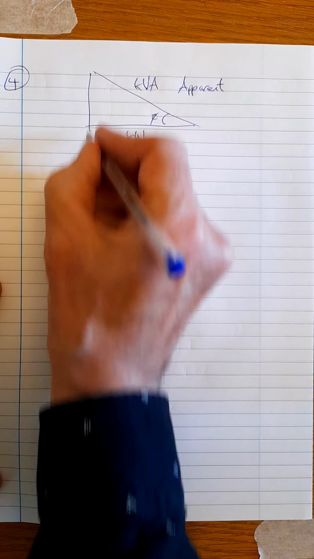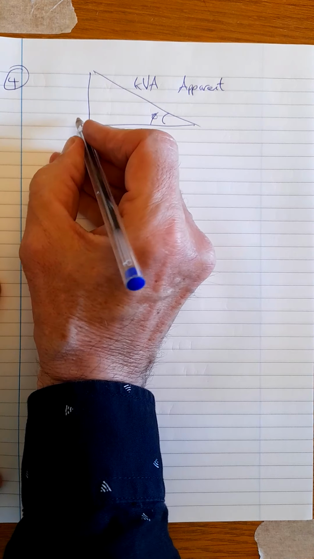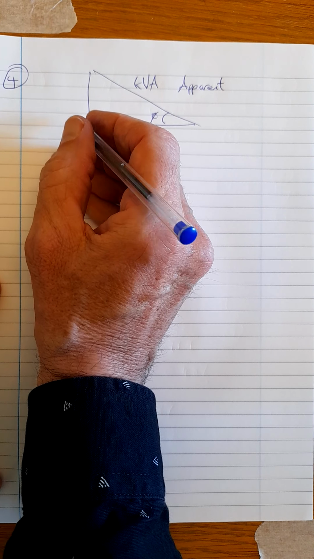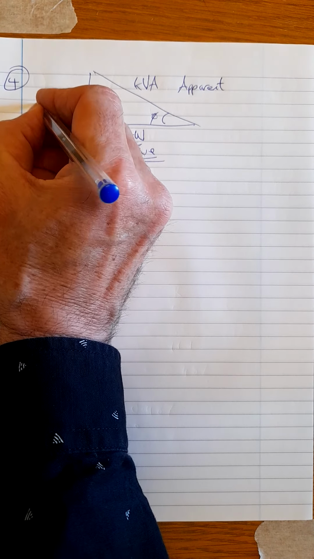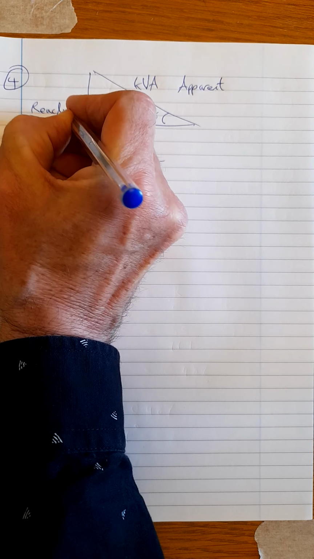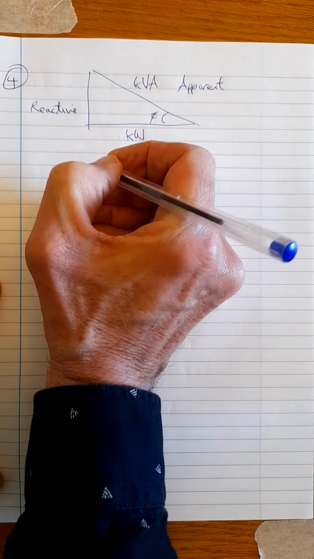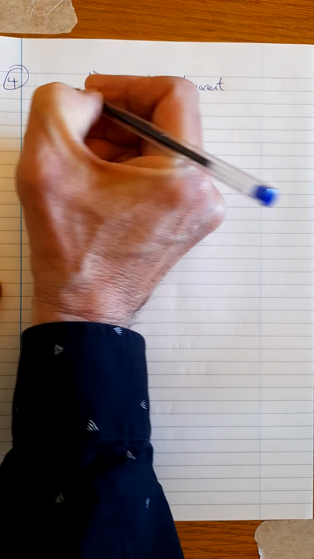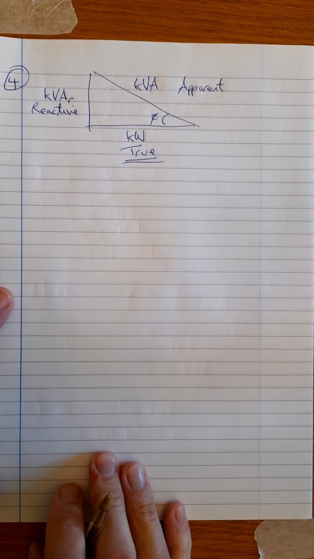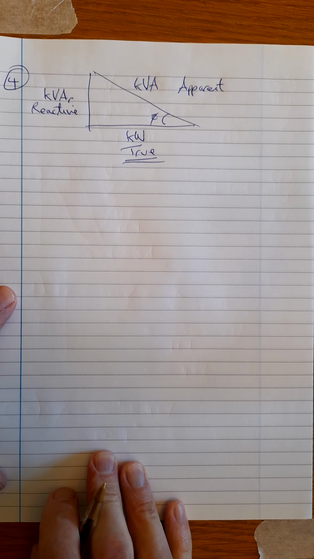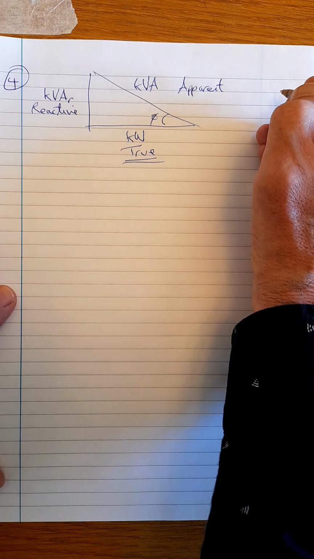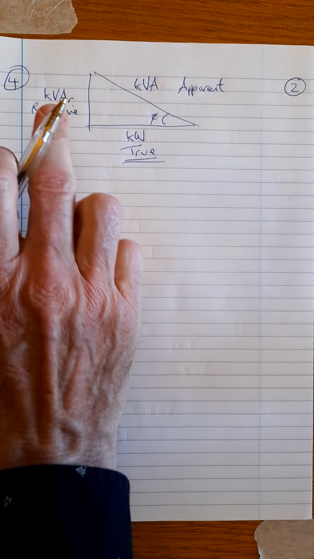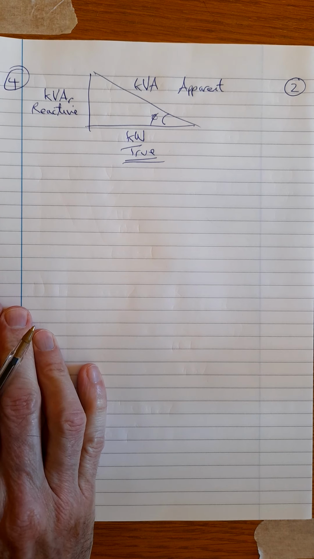And reactive, up the side of the triangle, is always caused by a coil of wire or a capacitor. Their value changes with frequency, which makes them reactive. So this is reactive power caused by a coil of wire, and that is kVAR. Not sure how many marks were allocated for all of that, but it was probably a 2-pointer. So probably 2 marks if you correctly labelled in the right places that triangle.